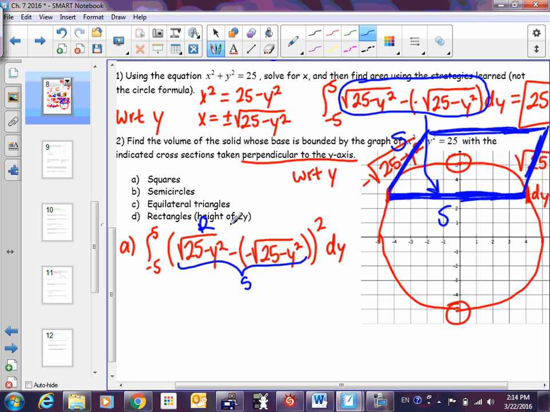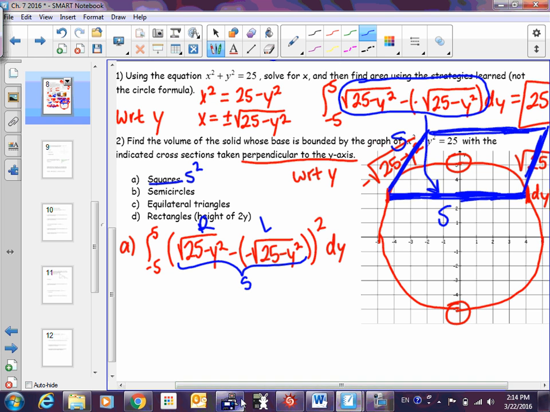It's right minus left. Why did I square that expression? Because the area of a square is S squared. Why did I integrate? Because I'm not just finding one square, I'm finding all the squares stacked together. And that's what integration does.